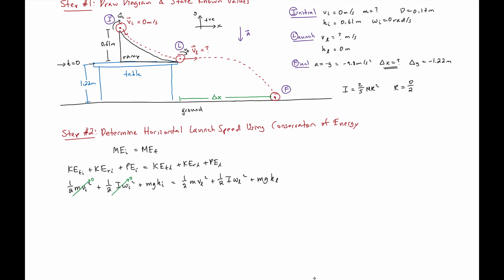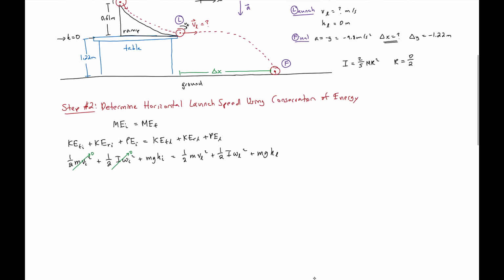Let's put that up there in our list of knowns. The initial height is not 0, but the launch height is going to be 0, so h_L is equal to 0. The rest are not 0, but we also need to solve for v_L.